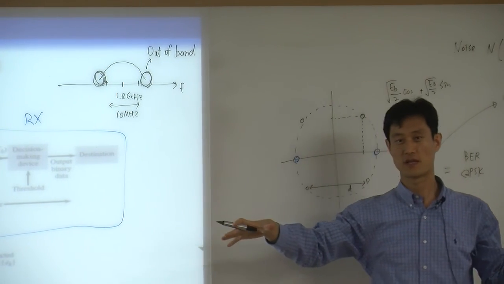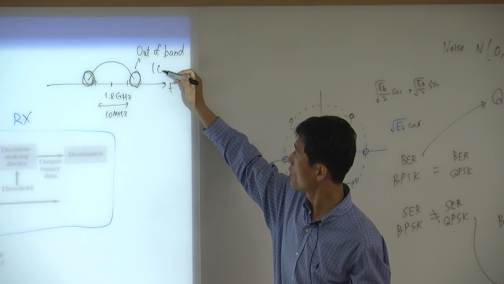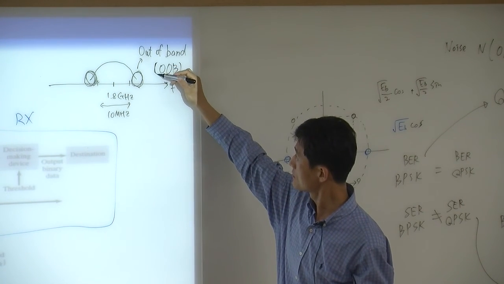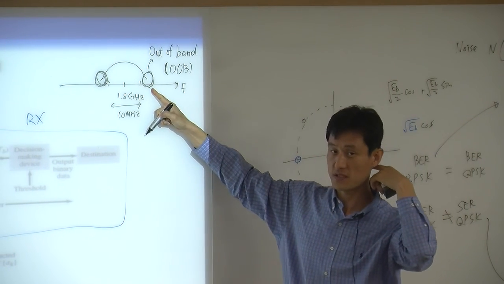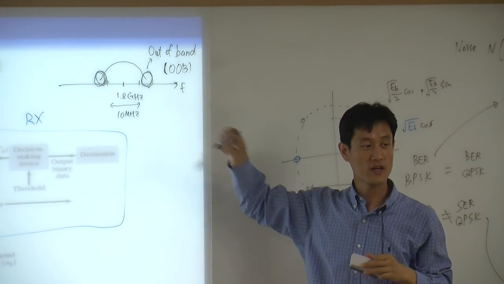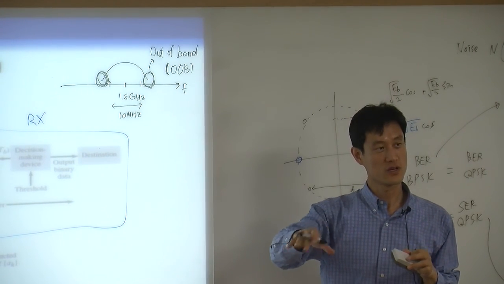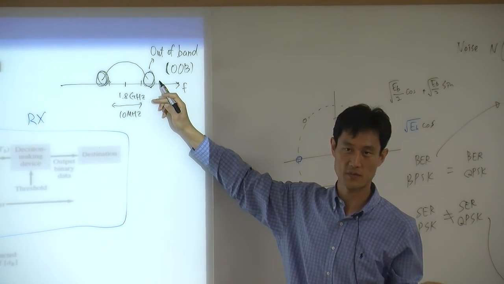This is someone else's band. This band is out of band because it is not your band. We call this OOB. You should not transmit any power in this out of band because this is not your band, right? Once you do this, what happens? You are interfering with someone else. You are interfering with other people.